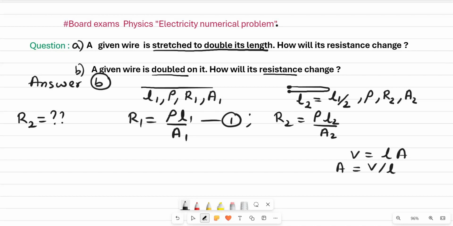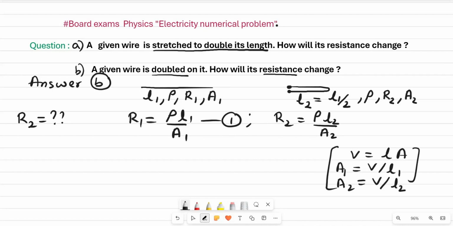So A1 is volume by L1, and A2, the second case wire's area of cross section, is the volume of the wire by the new length, that is L2. L2 is L1 by 2, so this we are going to use.